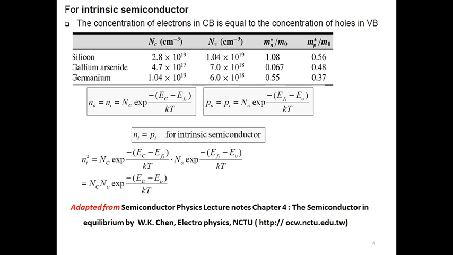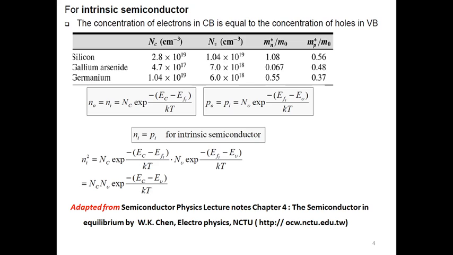These are the NC and NV values we calculated experimentally for standard semiconductor materials like silicon, gallium arsenide and germanium, along with the effective mass of electrons and the effective mass of holes. These values will be used further when we go for the numericals.